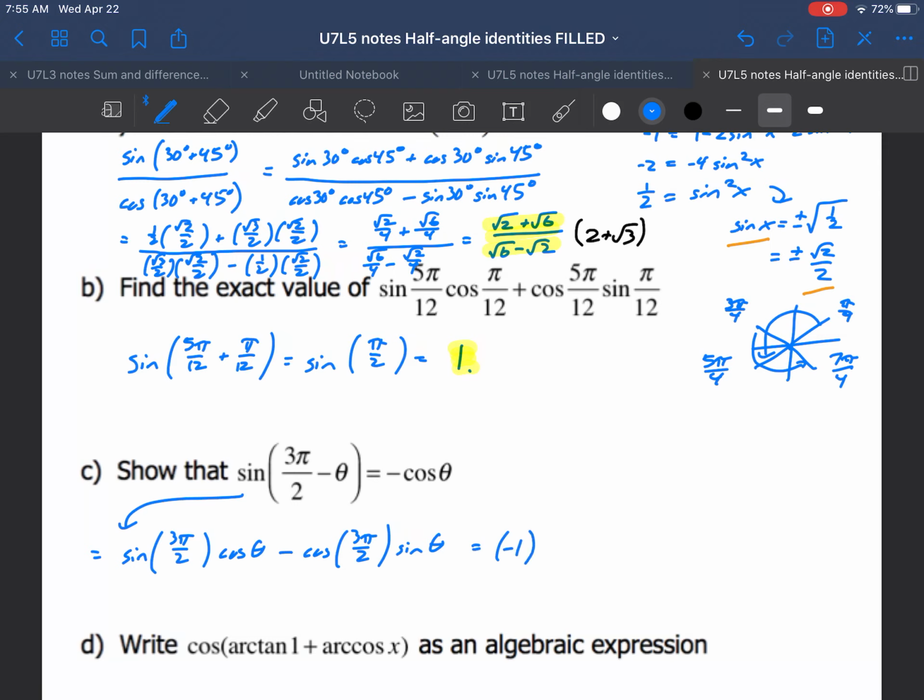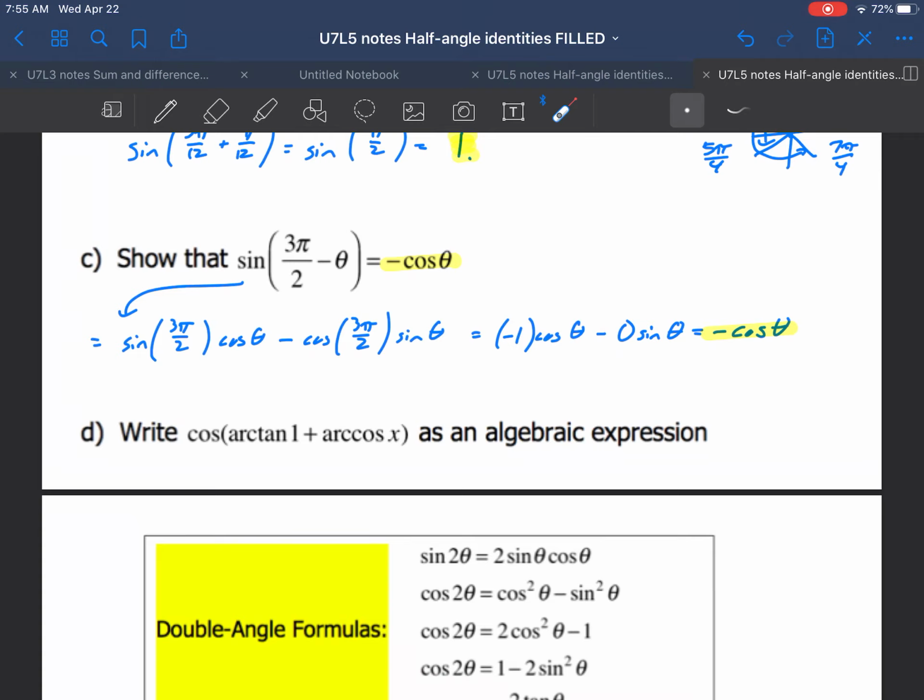So this is really equal to negative 1 times cosine theta minus 0 times sine theta, which is negative cosine theta. All right, so we got negative cosine theta, which is what we wanted, starting from this.